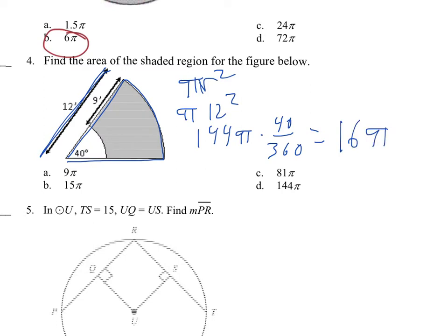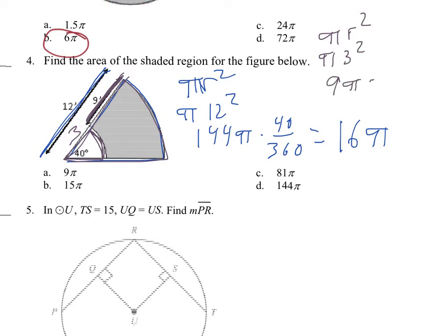Now we're going to find the area of this small sector and subtract it from the large sector to find the area of the shaded region. We see that if this is 9 and the whole thing was 12, this one has to have a radius of 3. So we're going to use pi r squared with a radius of 3, so 3 squared equals 9 pi.